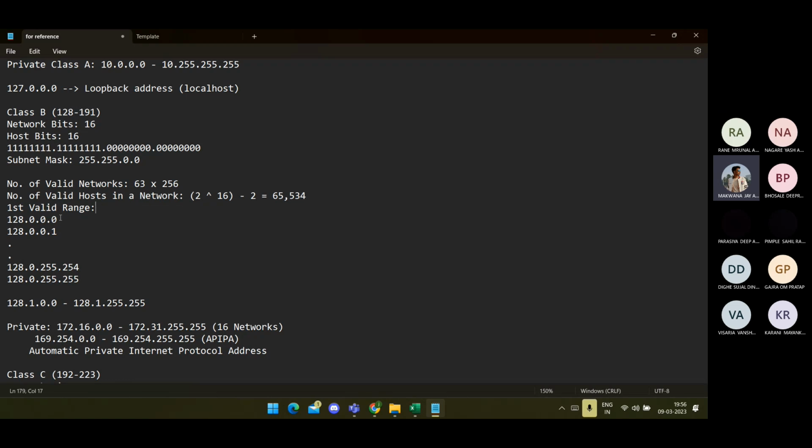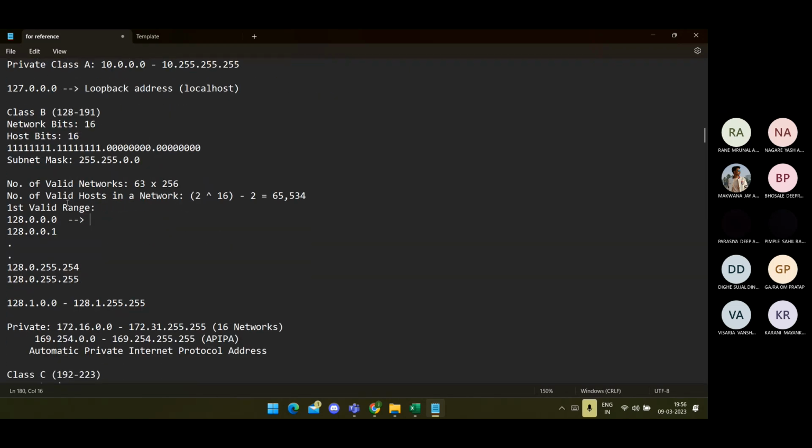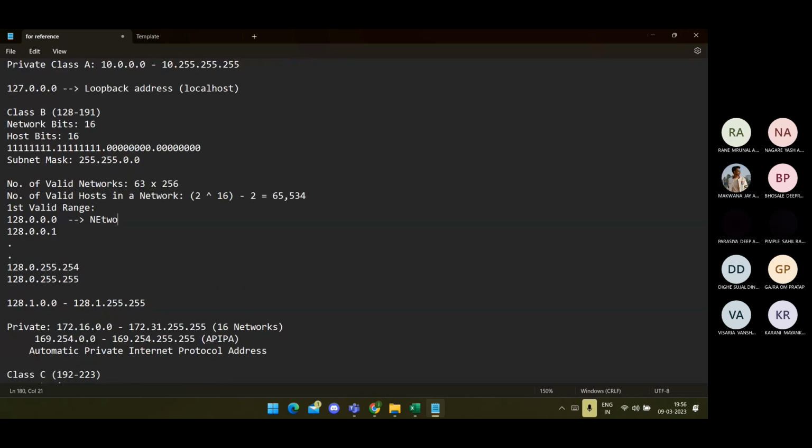If we consider this IP address range, the first IP will be reserved for network IP.